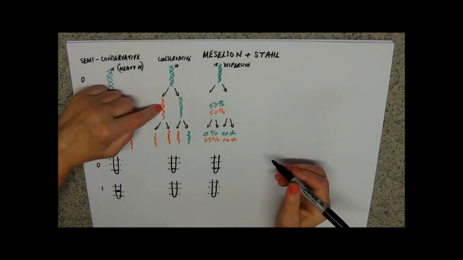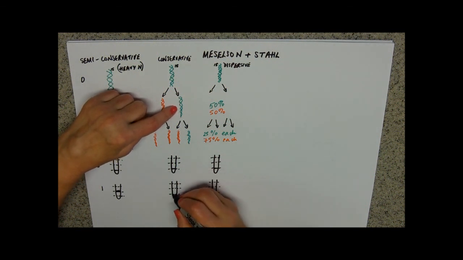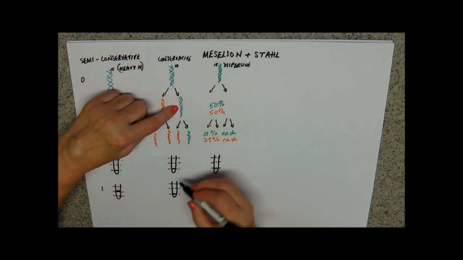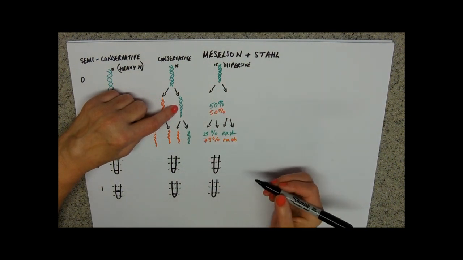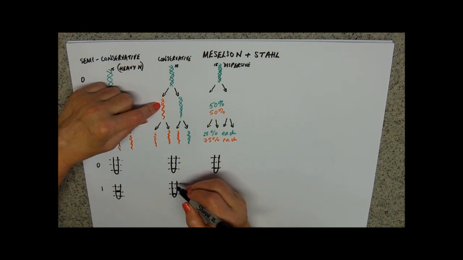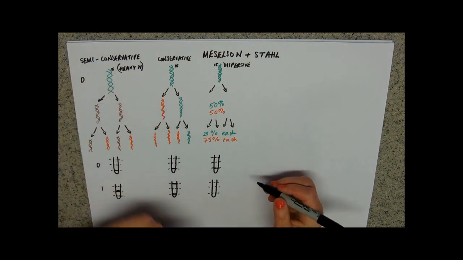With the conservative, this one will still be heavy and will still go to the bottom of the tube, so any cells with the labelled nitrogen in will go to the bottom, and the DNA from the cells that have got the new DNA molecules in, they'll go to the top because they haven't got any of these heavy nitrogen isotopes in.